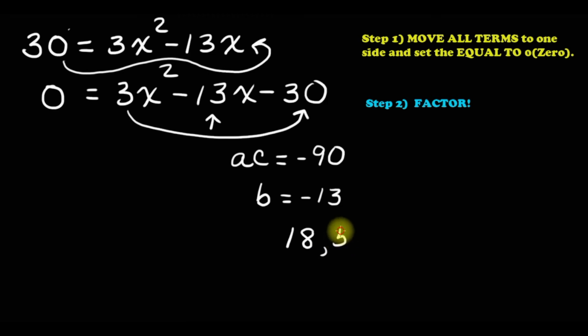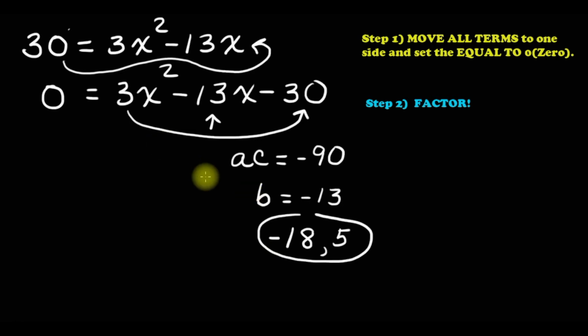It's close, but one of these has to be negative. It makes sense that this is a negative 18. So negative 18 times 5 is negative 90, and negative 18 plus 5 is negative 13. So these are the two numbers we're looking for.